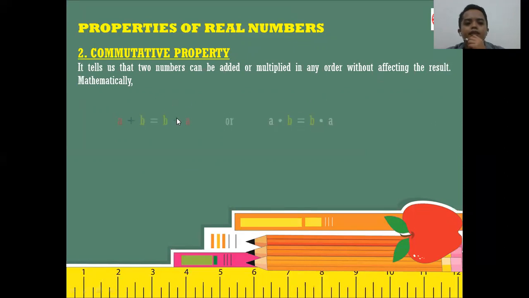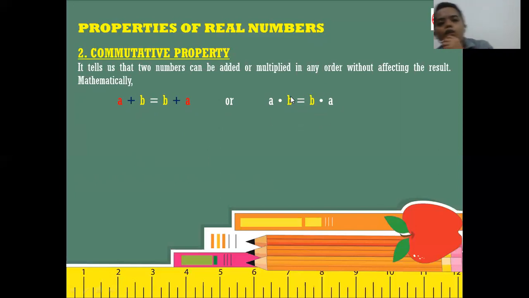Mathematically, if you have A plus B, it is equal to B plus A. Or if you have A times B, then it is equal to B times A. So this first portion here is the commutative property of addition. And this second expression is the commutative property of multiplication. When you add A plus B, this B really moves, interchanging its place.